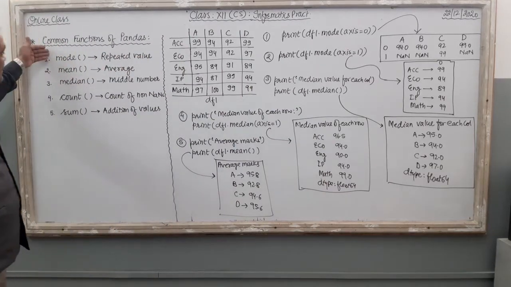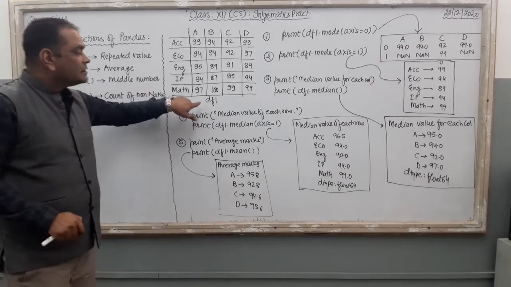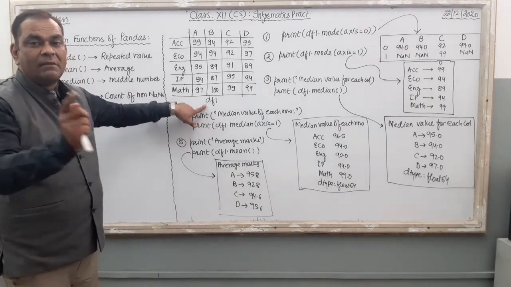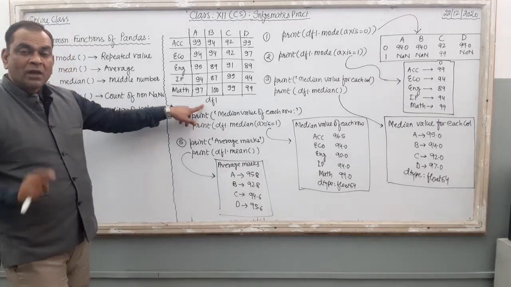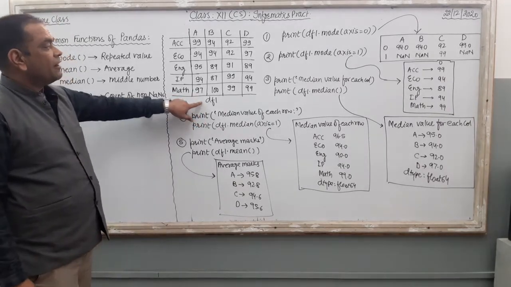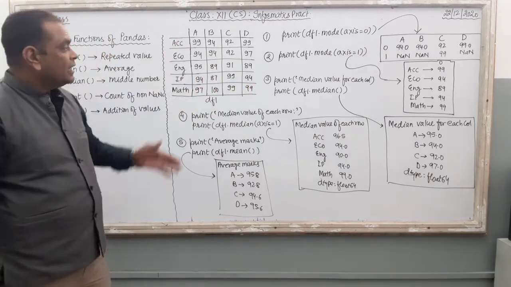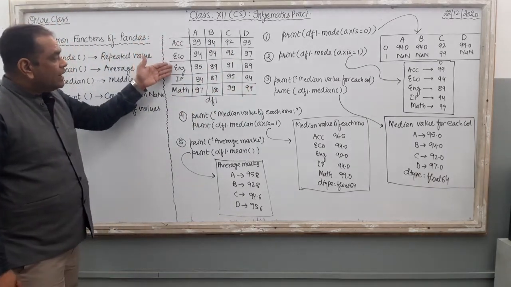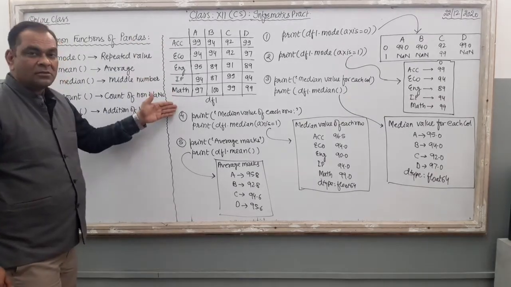To understand these functions, first just see what is there in our data frame. One data frame is created on the board. The name of the data frame is df1, and it contains some digits. Here, account, eco, English, IB, mathematics are the index names.